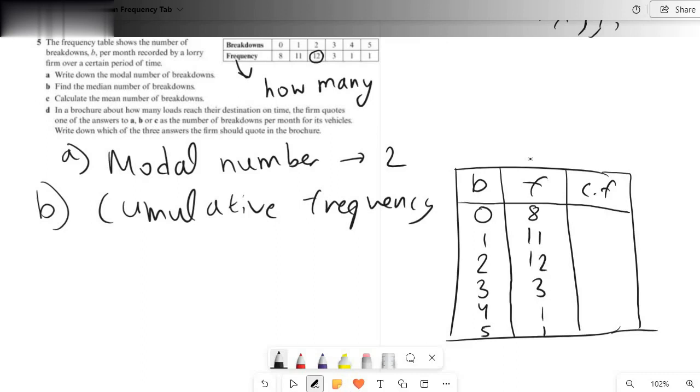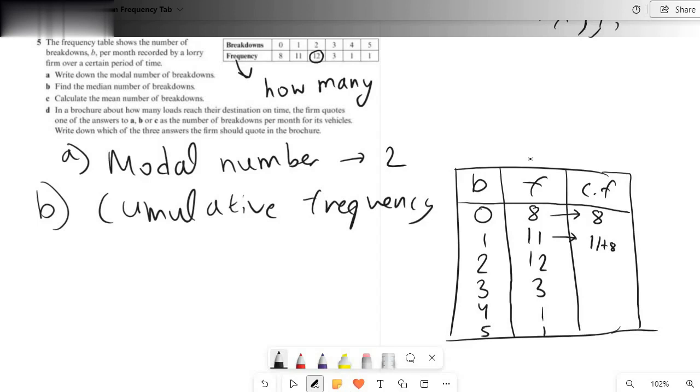So how the cumulative frequency works is that for the first data point, the cumulative frequency is simply going to be the frequency of that one, because 0 is the first data point here. For the next breakdown, which is 1, this is going to be 11 plus 8. And if you notice the term cumulative frequency, this basically means we're finding out the accumulated frequency.